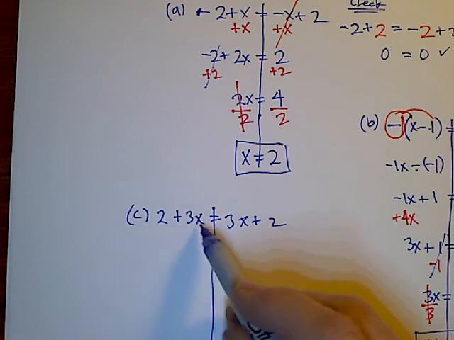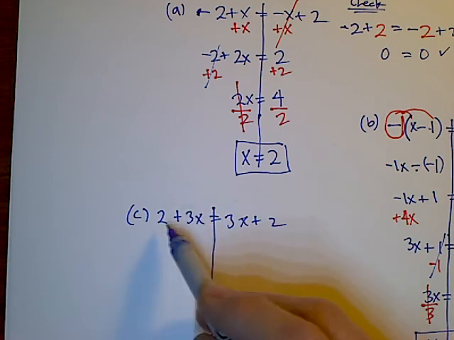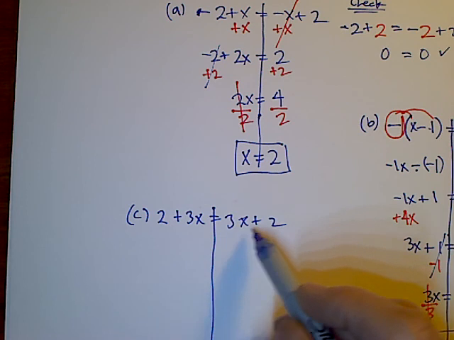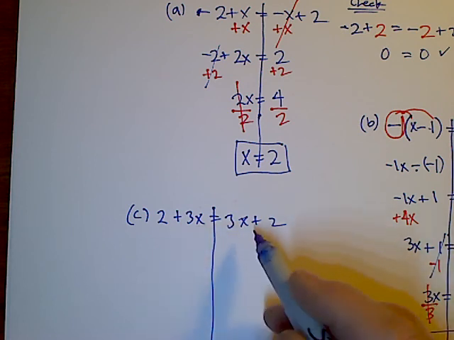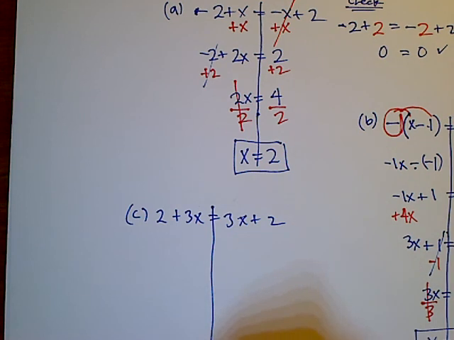That around addition, they could be switched. So 2 plus 3x is equal to 3x plus 2. And if you have the exact same thing right now, I can tell you already, I know that the answer is x is all numbers, right? What do I mean?